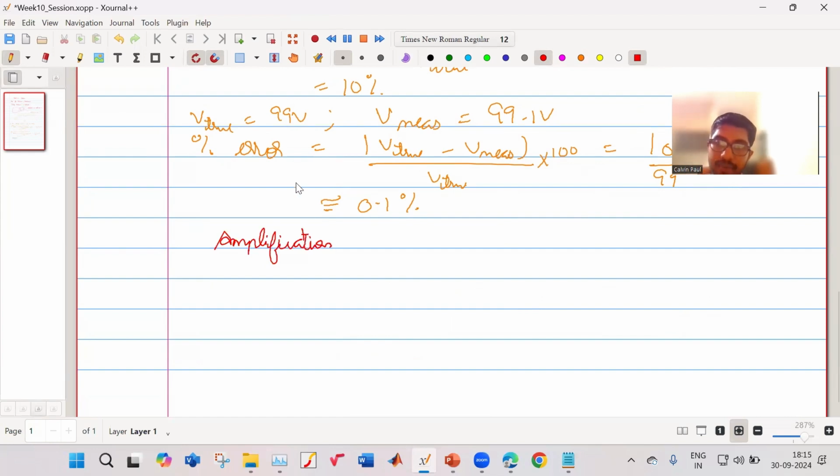So the amplifier is a very interesting topic. One easy example is the speakers. Someone has a mic, they speak into a mic, it goes to your amplifier, and then it goes to your speaker.